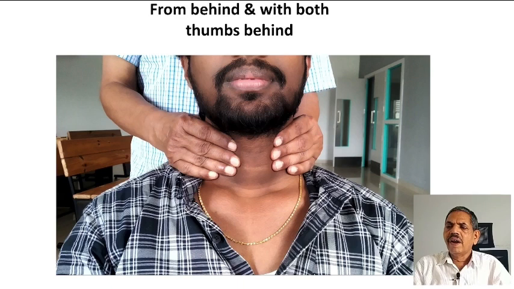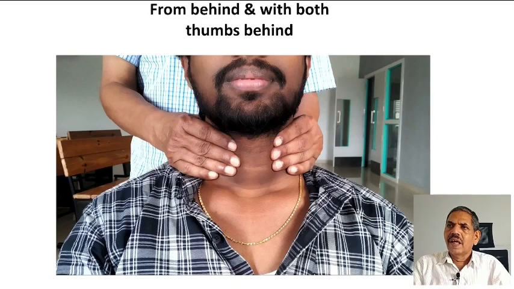With one hand, press one lobe of the thyroid, and with the other hand, palpate the thyroid gland. After palpating one lobe from above downward, repeat the test by pressing the opposite side and doing the same for the other lobe.